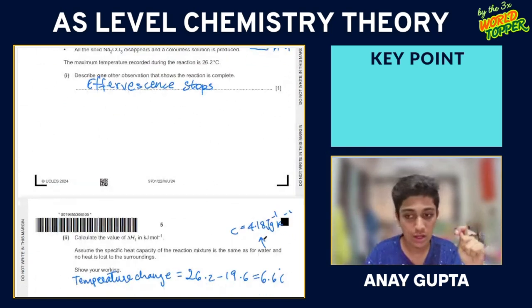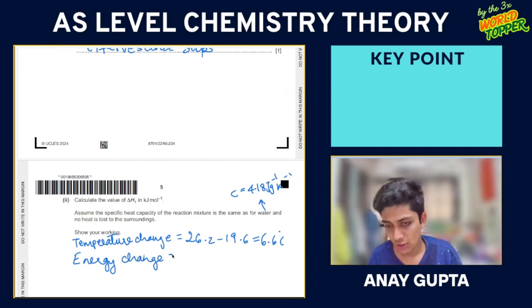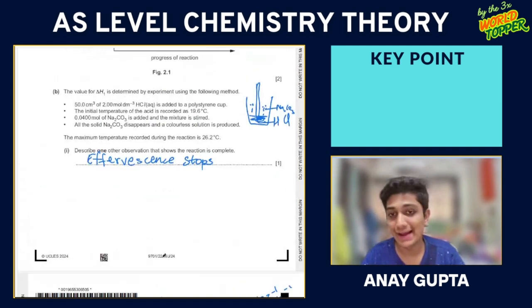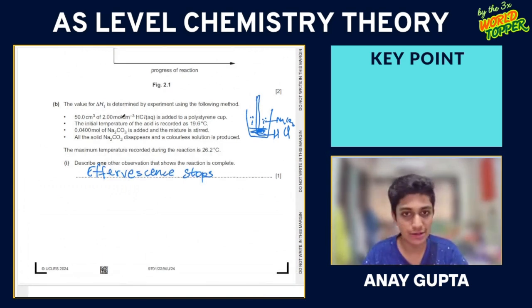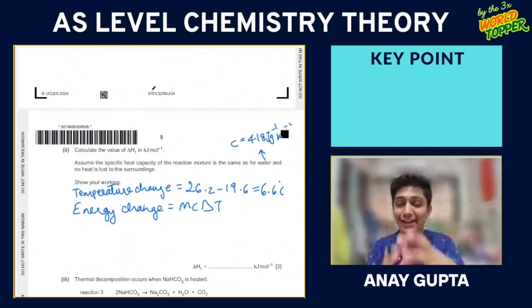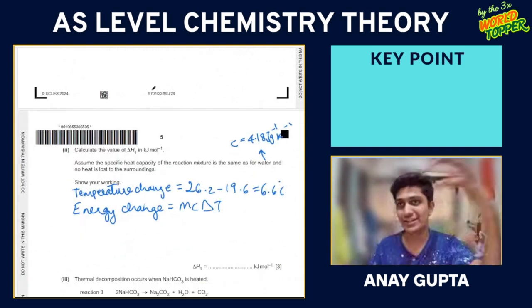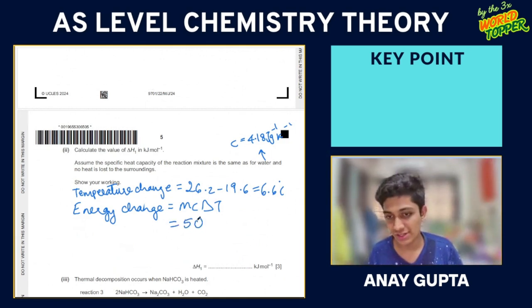Now I can calculate my energy change, which is equal to mc delta T. Here m stands for the mass of the solution that is being taken. We have taken 50 centimeter cube of HCl. Because it is a very dilute solution, we can take the mass of the solution to be equivalent to the mass of water. So that will give us 50 grams, because water has a density of 1 gram per centimeter cube, times 4.18 times 6.6.